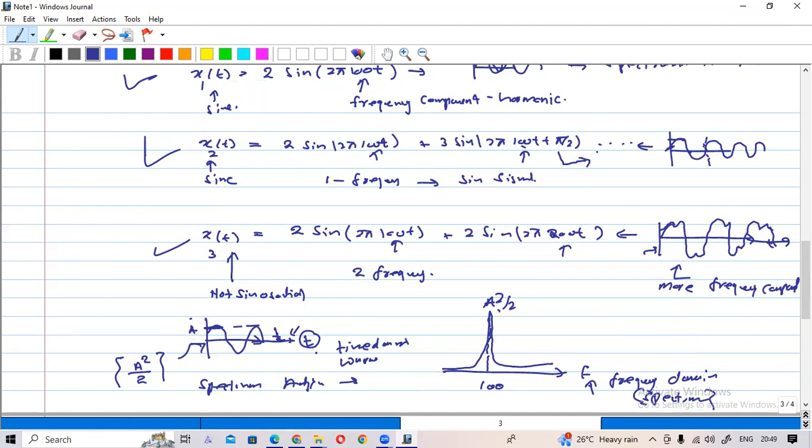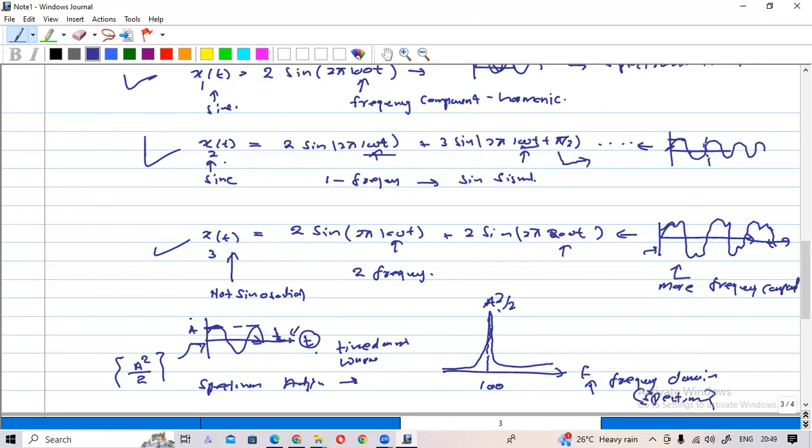We can't say whether these two signal amplitudes are adding or subtracting. It depends on the phase shift. Sometimes these two signals can be constructively or destructively added. We don't know, so there can be any amplitude, and the frequency is the same, 100, because here also 100, here also 100.